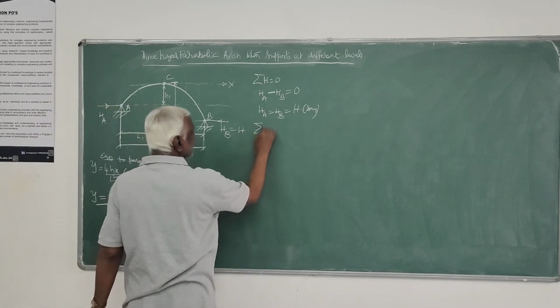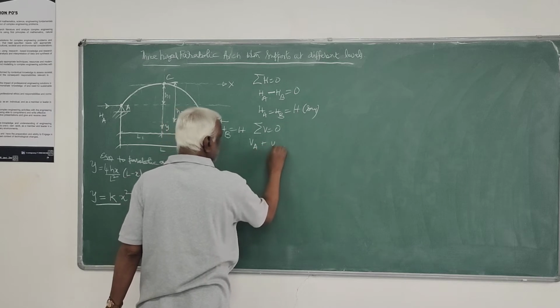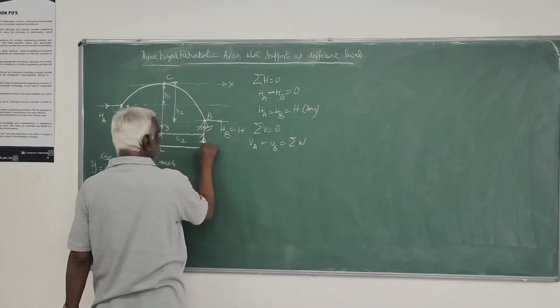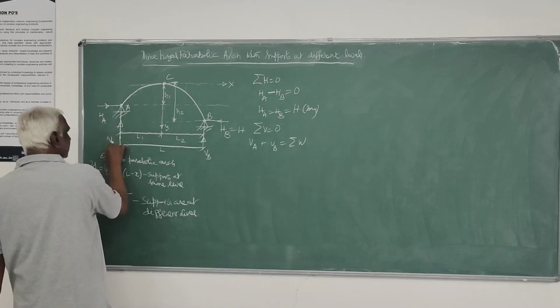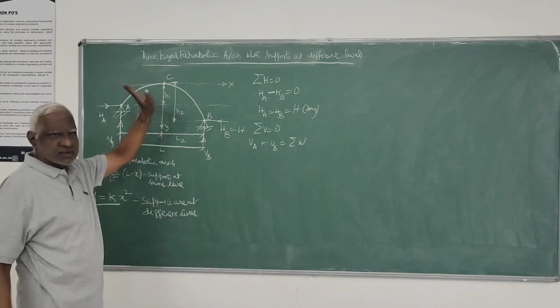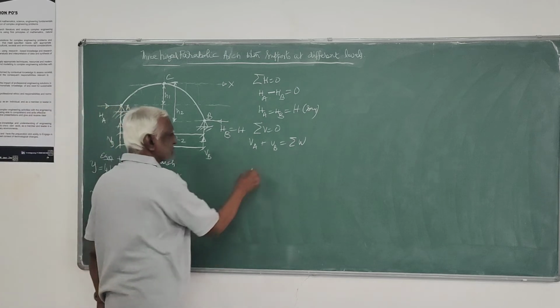Then we use sigma V equals 0, which gives VA plus VB equal to the sum of the vertical loads, whatever vertical load is acting here. Always we are talking about gravity loads, not inclined. Inclined loads you have to resolve into two components, that's all.